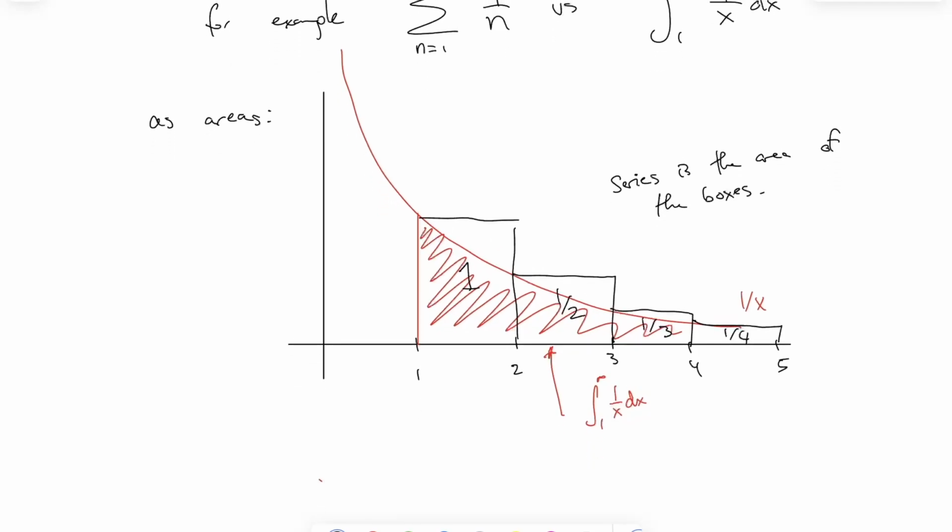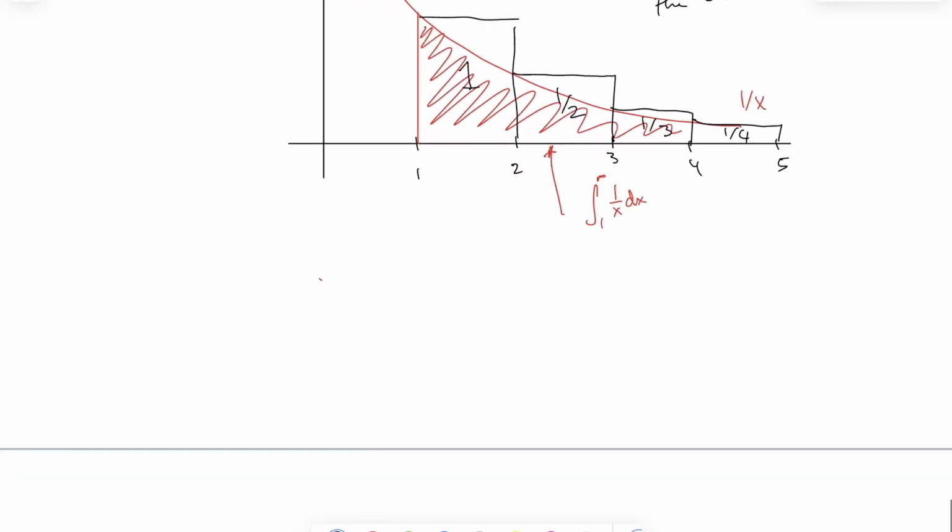And so, I will say again, they're not the same. The boxes you can see are stretching past the curved area, but they seem kind of similar at least, all right? These aren't necessarily equal.